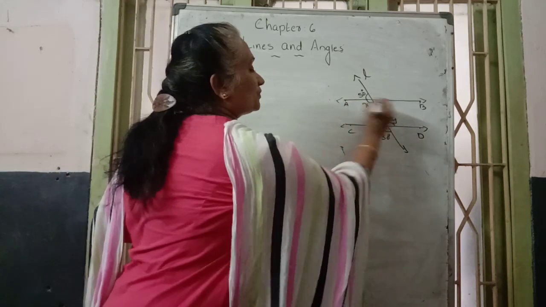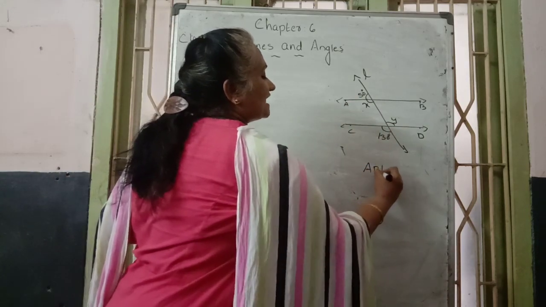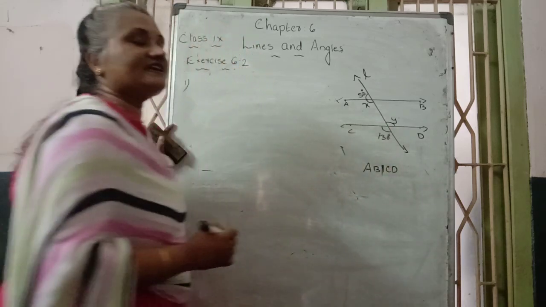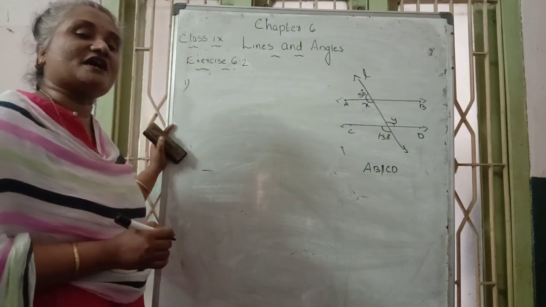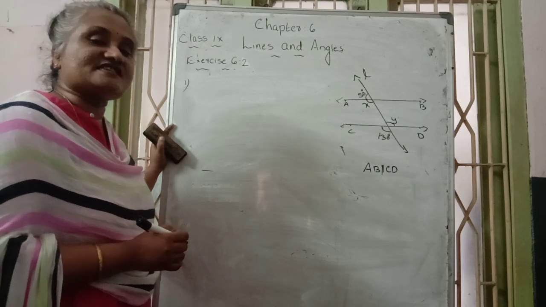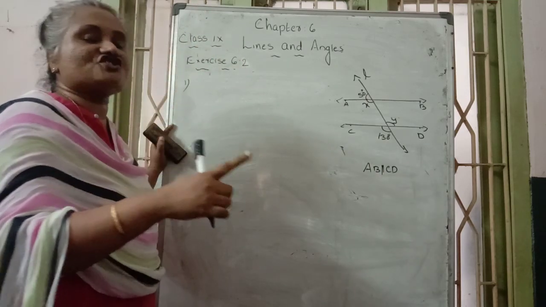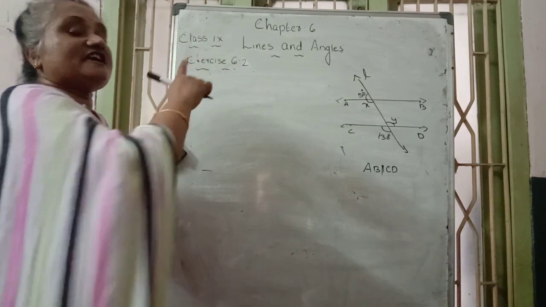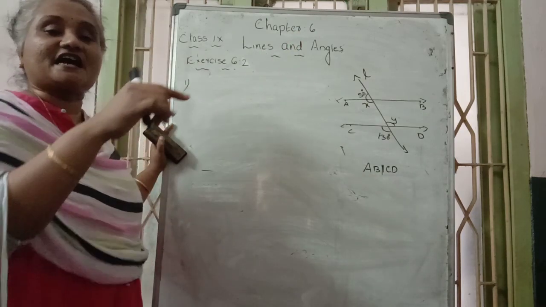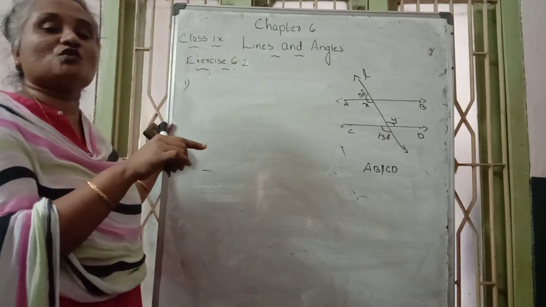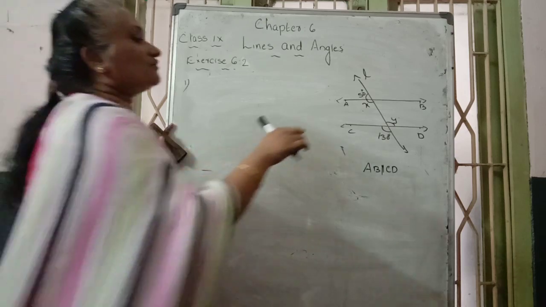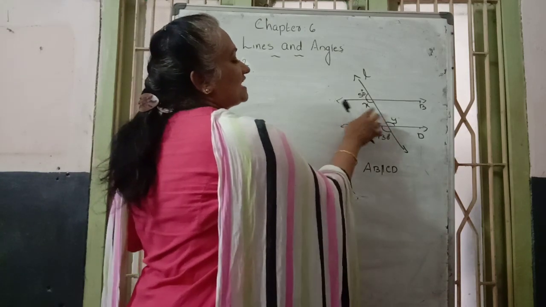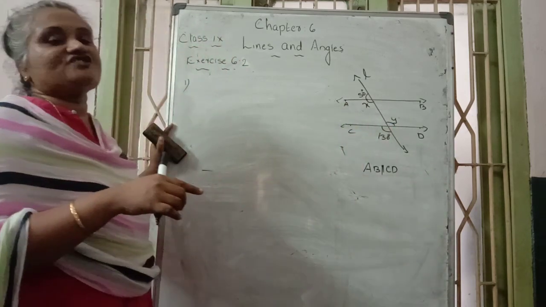Afterwards we want to prove that line AB and line CD are parallel. When can we say they are parallel? When two lines are cut by a straight line, that is a transversal line, and they make alternate interior angles, then we can say the two lines are parallel. So we want to prove that X and Y are alternate interior angles.